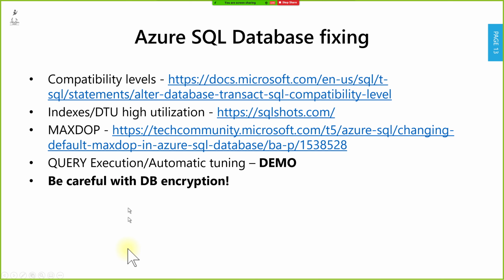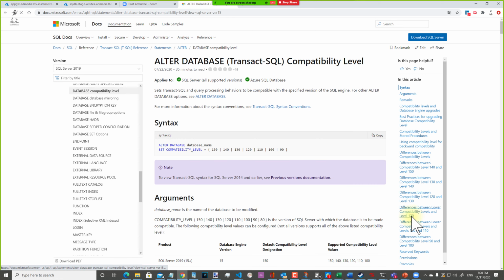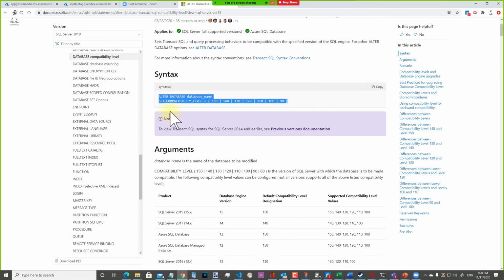And again, back to the discussion. This is about the compatibility level. You can see the compatibility level and how you can change it. And again, you can get the database compatibility level with the right numbers. Please do this after the presentation. You can find the number.